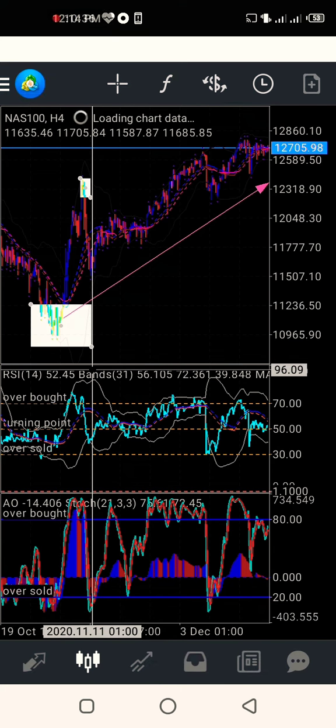It's a pullback in the daily time frame. It's a little pullback in the daily time frame. But because the time frame is smaller than the daily time frame, it's a signal. It's a good signal in 4 hours because your rule has been met. It's overbought, and then your RSI also is overbought.